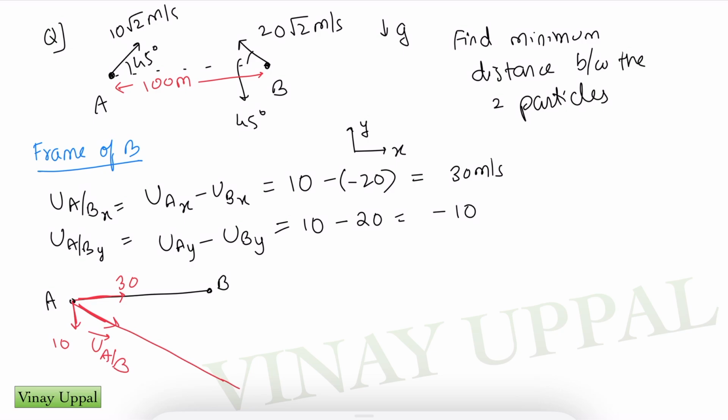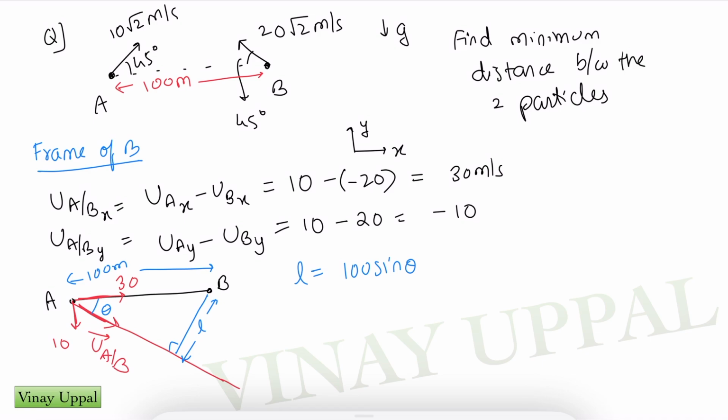So if you imagine the trajectory of A from the viewpoint of B, B is stationary here and B is watching A travel in a straight line along this red path. So the minimum distance between A and B would be this perpendicular distance. This length L is what we want. Now it's very straightforward. I know AB is 100 meters. And let's say this angle is theta. So I can write L is equal to 100 sine theta.